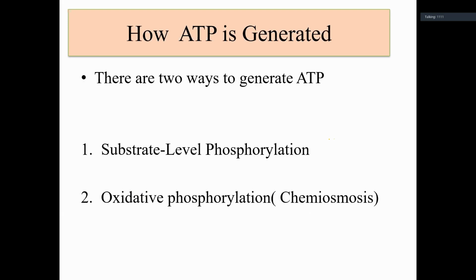One, we said substrate level phosphorylation, another oxidative phosphorylation. And I gave you the example of these two: cash money and check money.